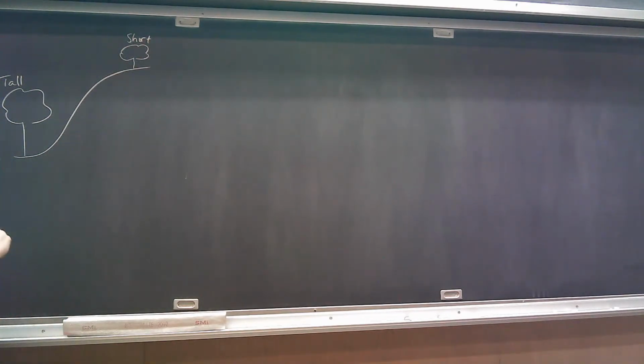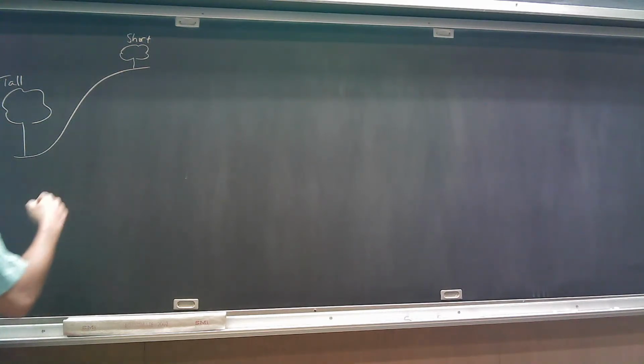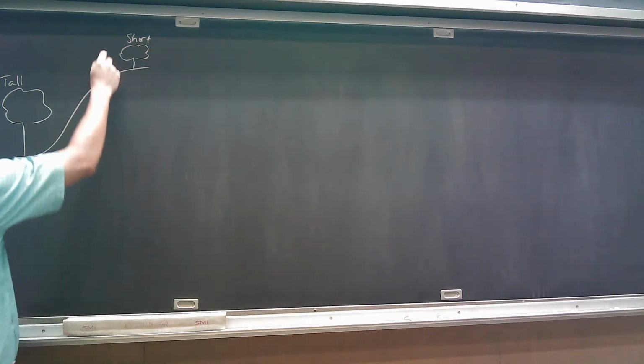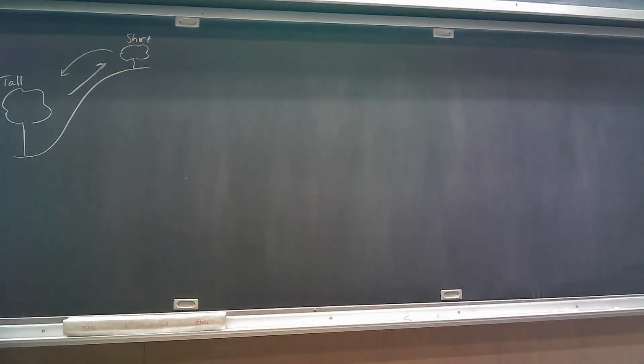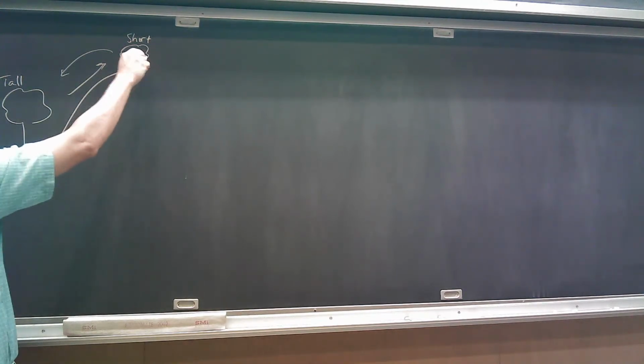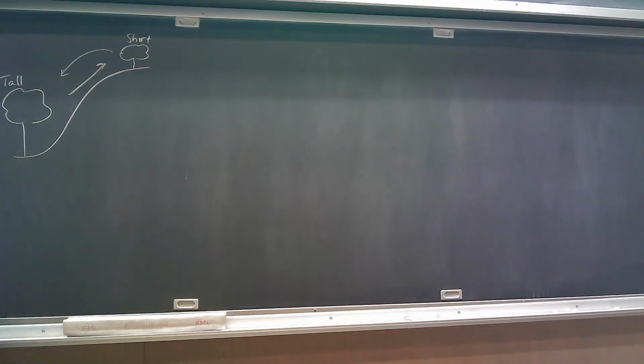And our question is, is this due to the genetics, or is this due to phenotypic plasticity? So what we would do is raise those up in the same environment, but for us, we're going to do more of a reciprocal transfer study. Take these tall plants, collect their offspring, grow them up at the top of the hill, collect the short plant offspring, transplant them down or grow them at the bottom of the hill and see what happens.